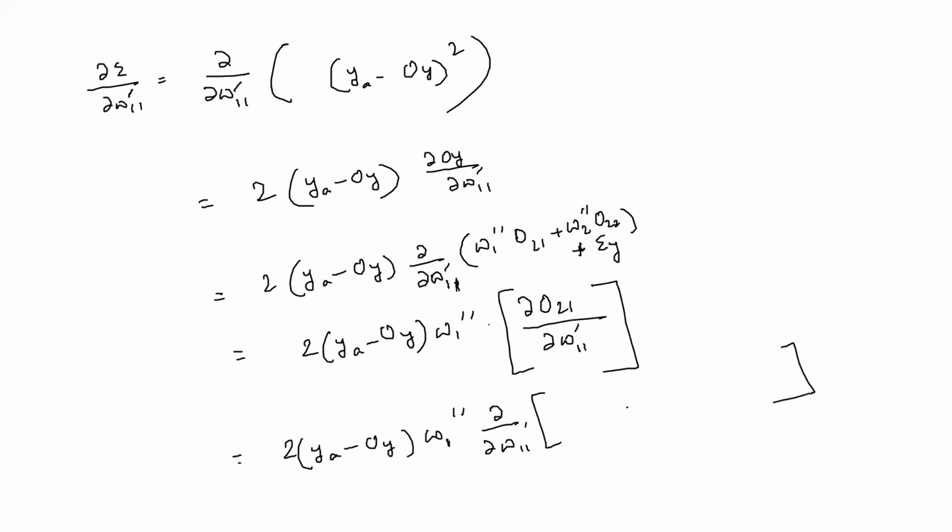This is W dash 11 into O11 plus W12 double star O12 plus error of 21. And this becomes an ultimately easy formula: W1 double star into, if I optimize this, this becomes O1. That's all.